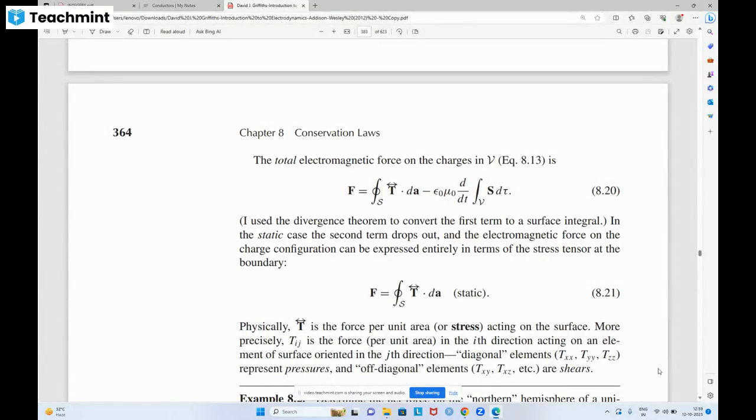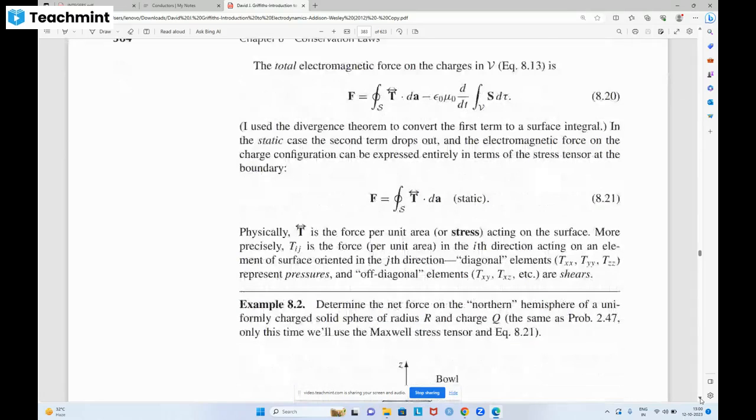The diagonal elements of the tensor represent the pressure, where both suffixes are the same, and all other off-diagonal elements are shears. Further, if we need to find pressure, then we'll use these three: T_xx, T_yy, T_zz, and the off-diagonal elements are shears.